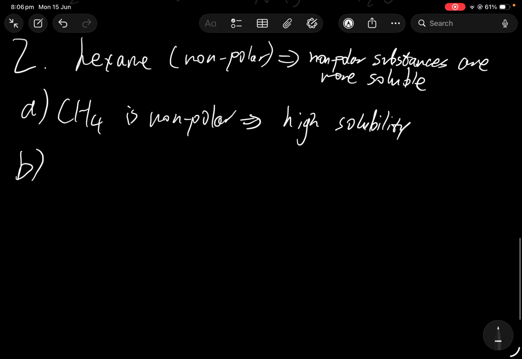And for part B, we have ethanol. Ethanol is ethane, but with an OH at the end. So one end will have an OH, the other end will have an H, making it polar because the two different sides will have two different charges and one has more electrons. So that one will be more negative and the hydrogen side will be more positive, making it polar.